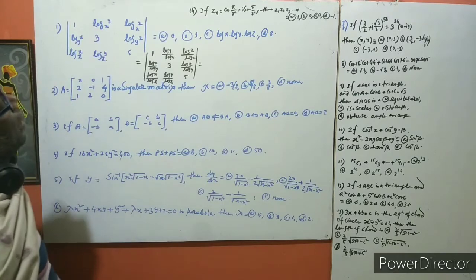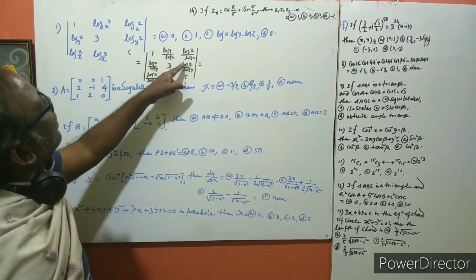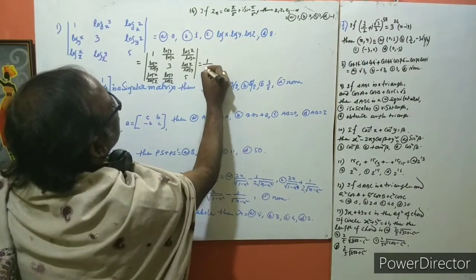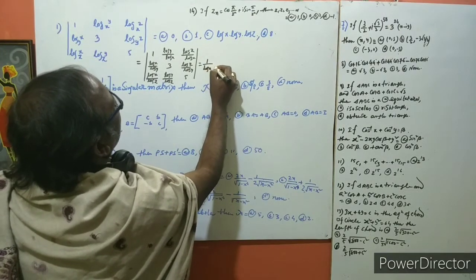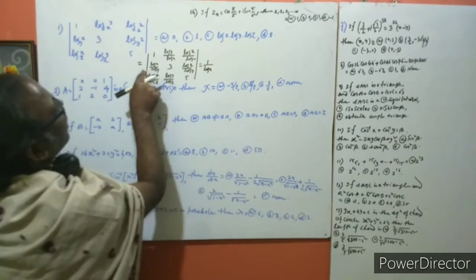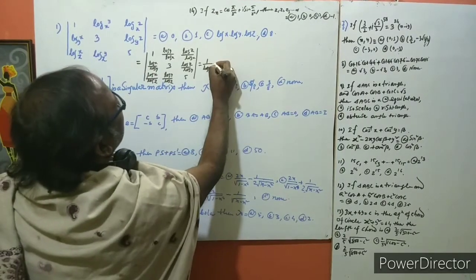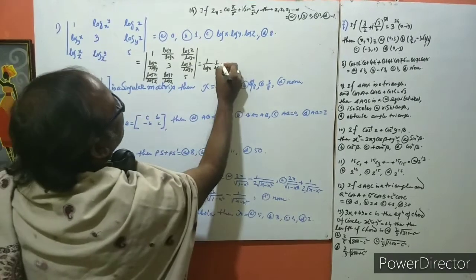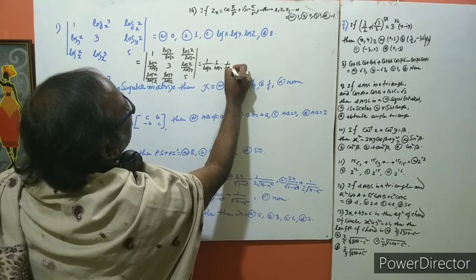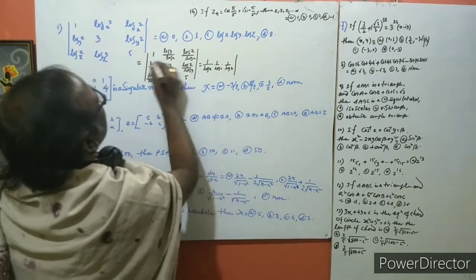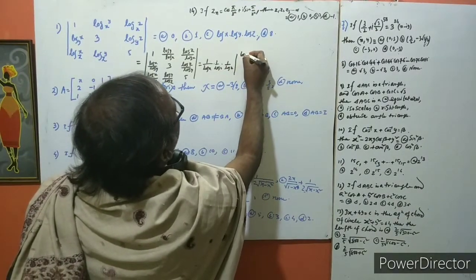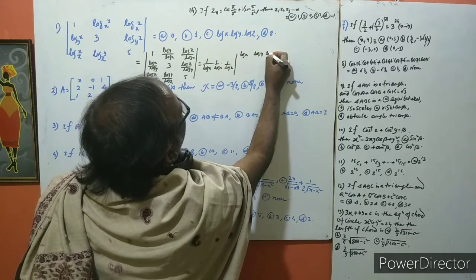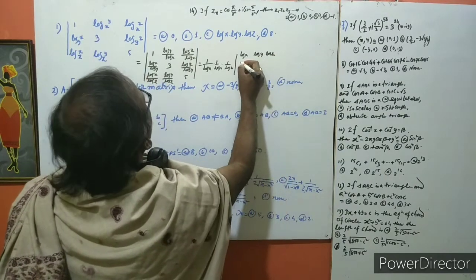And now take a common 1 by log x from the first row. This is here log x, okay, and take a common log y from the second row and log z from the third row. Okay, then we get here log x, log y, log z.